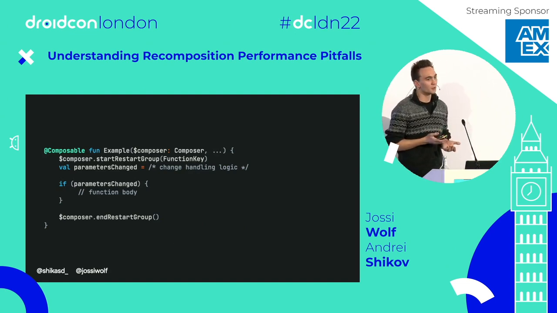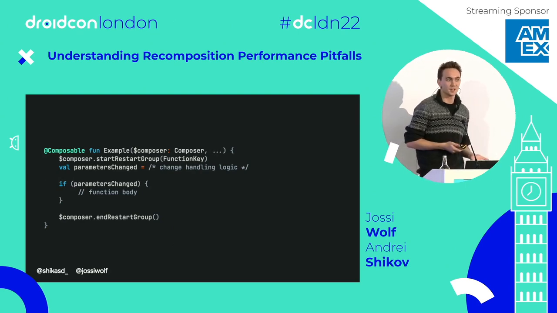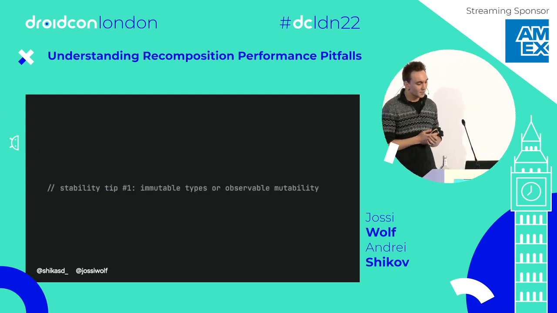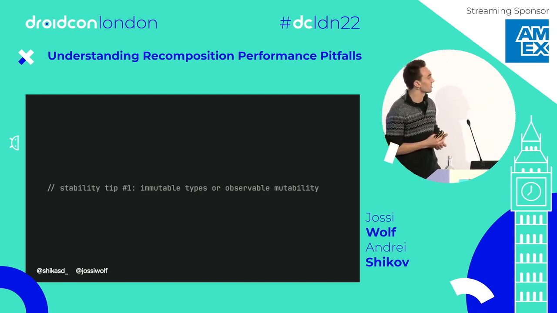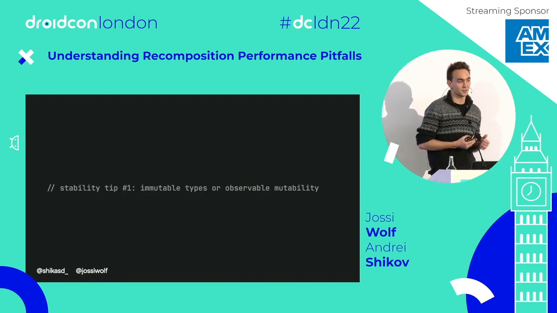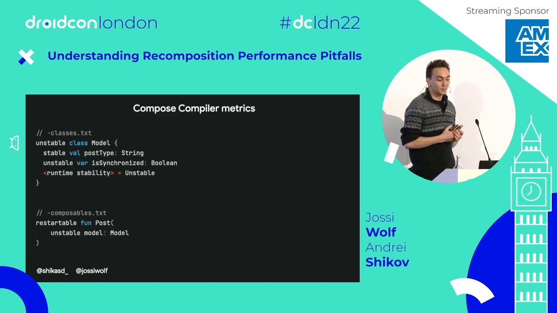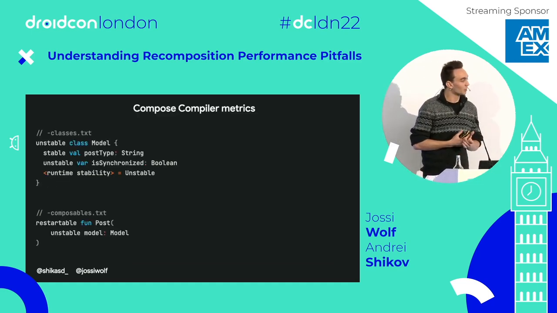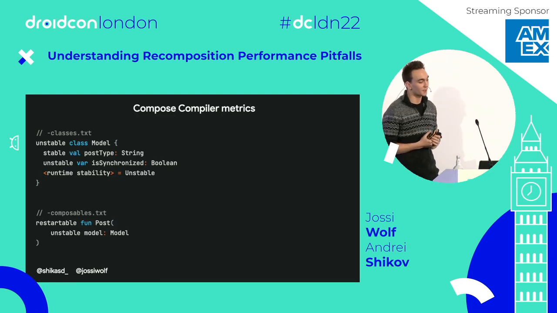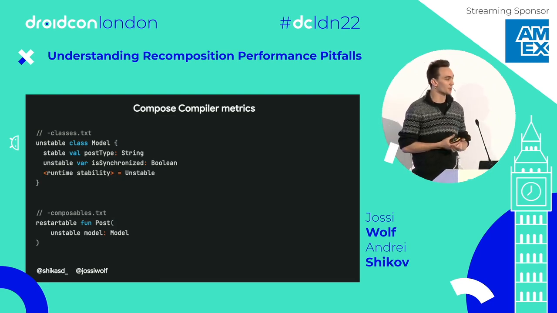So how do you actually know whether your types are stable or unstable? Number one, make your types immutable or have observable stability, so use something like Compose state. You can look at what Compose considers your types as by using the Compose compiler metrics.